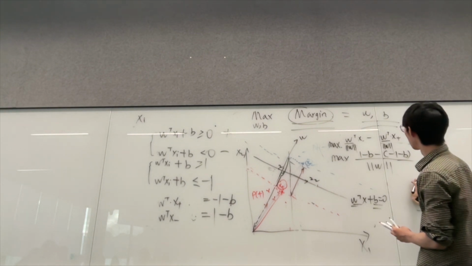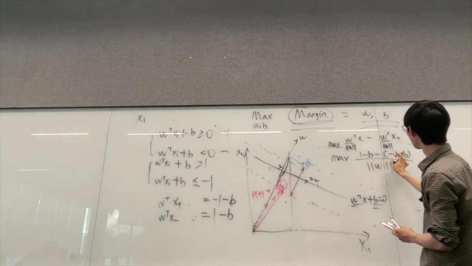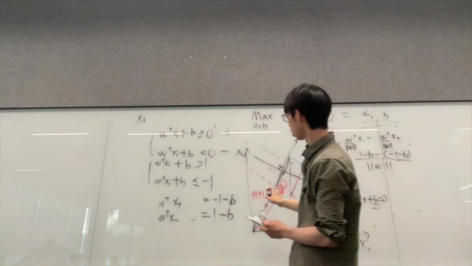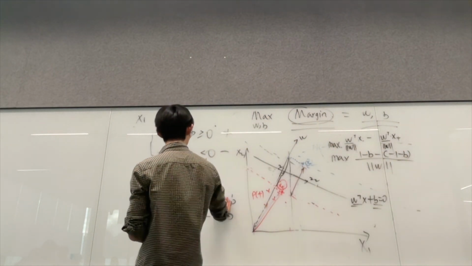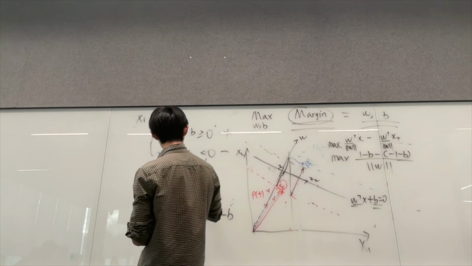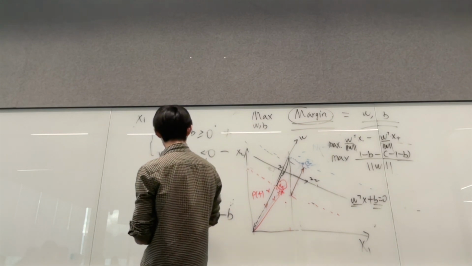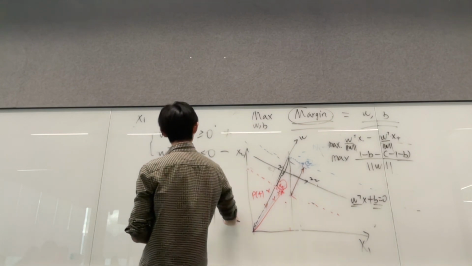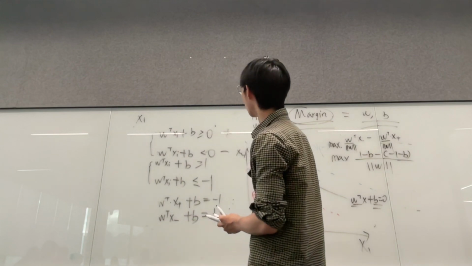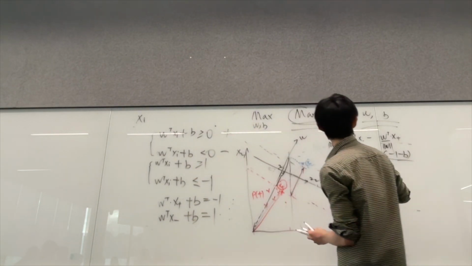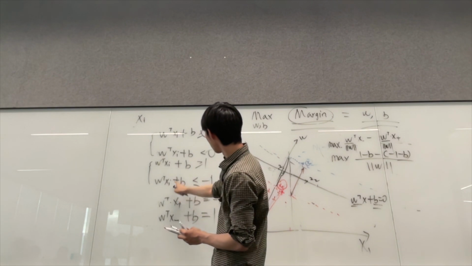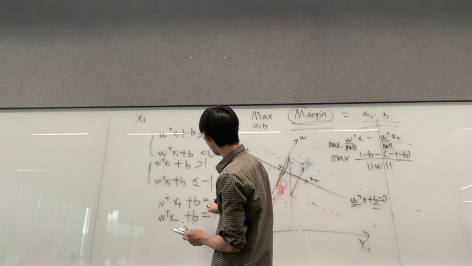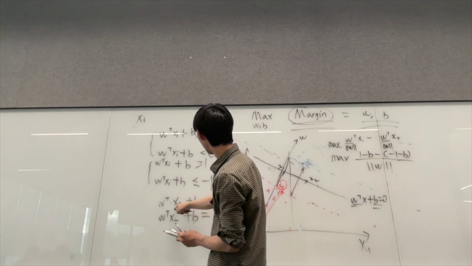Wait a minute, it shouldn't be. Let me revise this. This is plus b. Have a look. It's not correct. This is plus b, then equal to minus this.